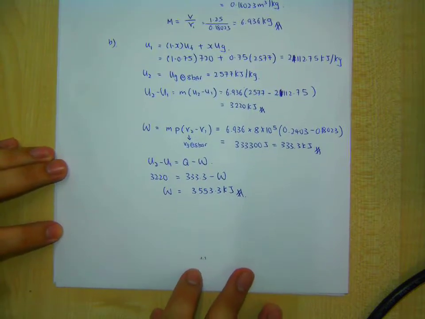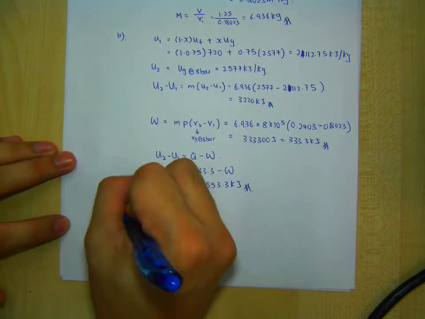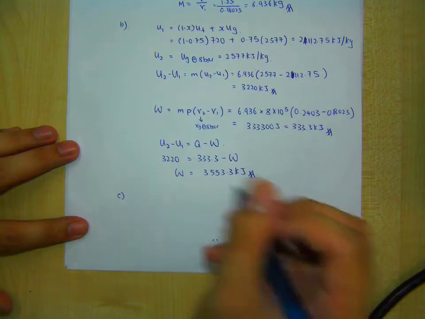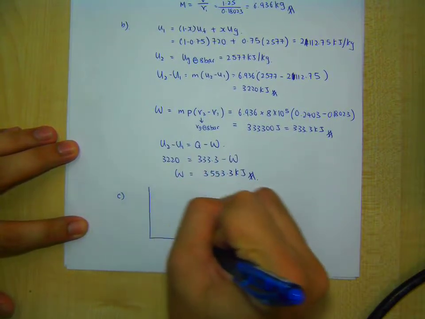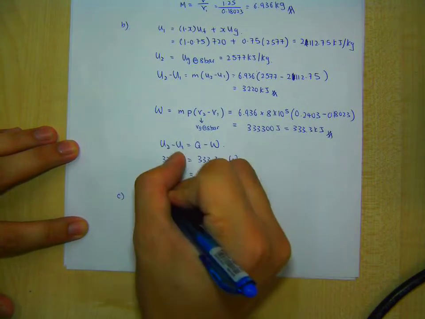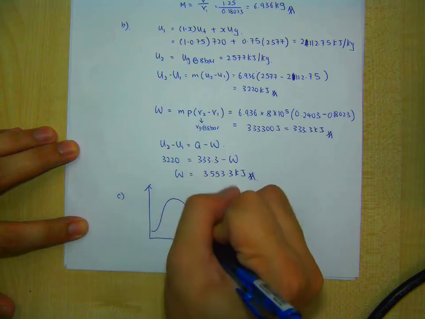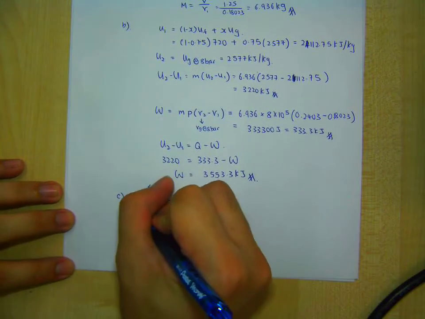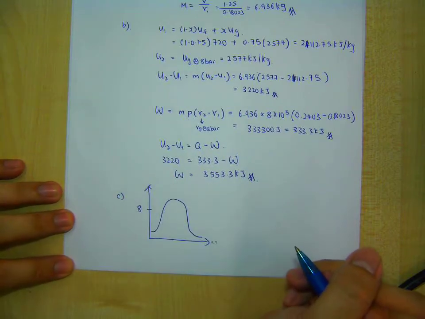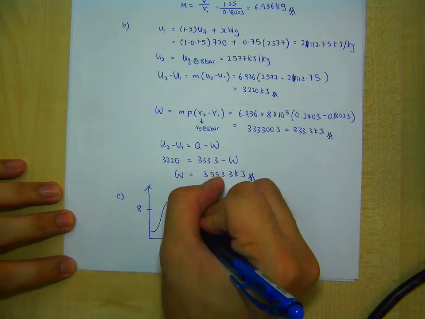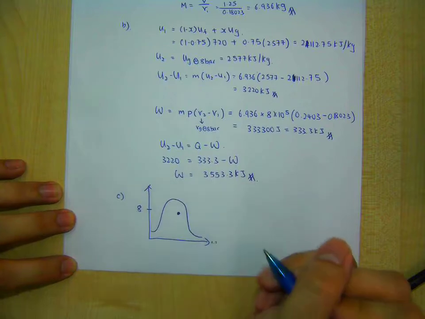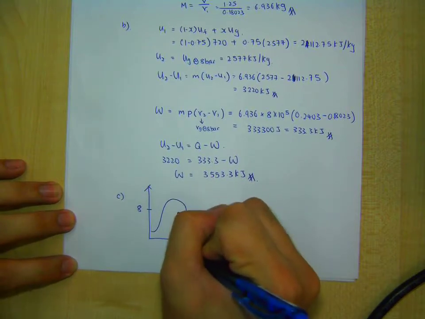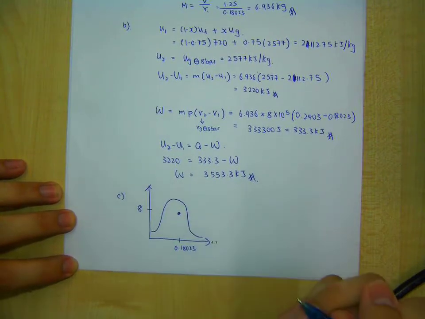So finally, we will sketch the PV diagram. Okay, so again, draw your bell curve. Everything will happen at 8 bar. Initially it's wet steam, so it must be somewhere inside here. V1 is 0.18023.